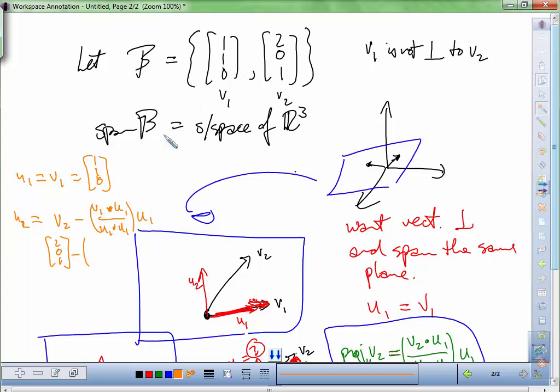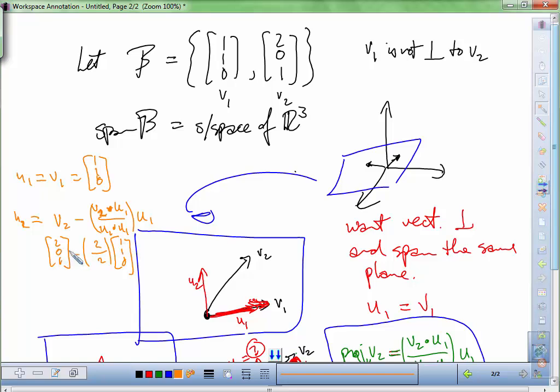let's take the dot product of V2 and U1. Sorry, this is a V2, I was looking down here trying to match it up. So V2, 2, 0, 1, dotted with U1, that's 2, divided by U1 dotted with itself, 2. And then U1 is the vector 1, 1, 0.